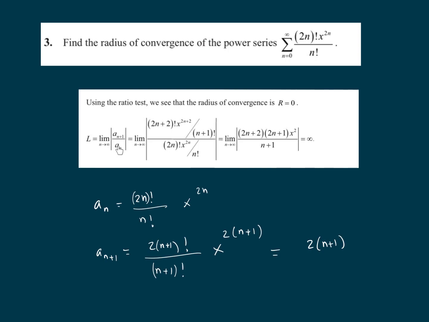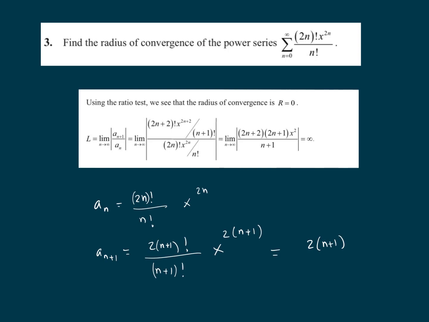If this limit is less than 1, the series converges for certain values of x in a certain interval. In this case, this limit goes to infinity, so the series doesn't converge. The series diverges.